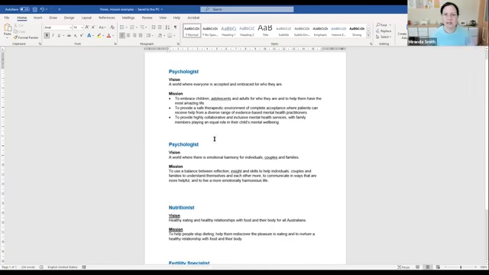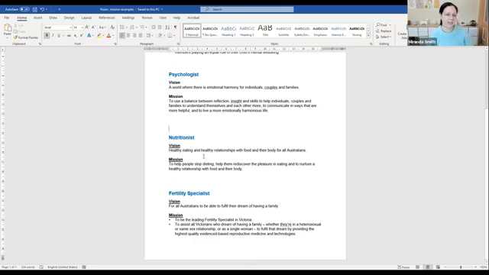So both are psychologists, probably with very similar qualifications, and from the surface you might think, oh, they probably do pretty similar things and work with similar people, but you can see that their vision and their mission is actually quite different. So what's driving them and what their ultimate goal is differs depending on who they are and what's most important to them.